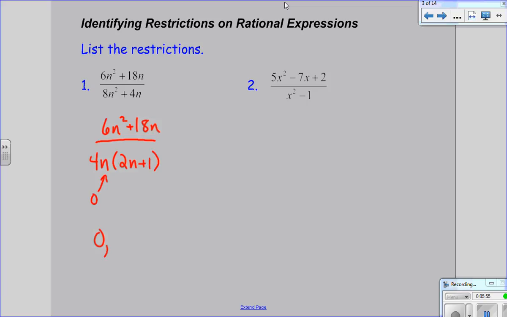But in the binomial, I have to think, what value could I plug in for this n that would result in my binomial becoming 0? In other words, I want 2n plus 1 to equal 0, and I need to figure out what the n would be. So let's solve this for n by isolating the n variable.